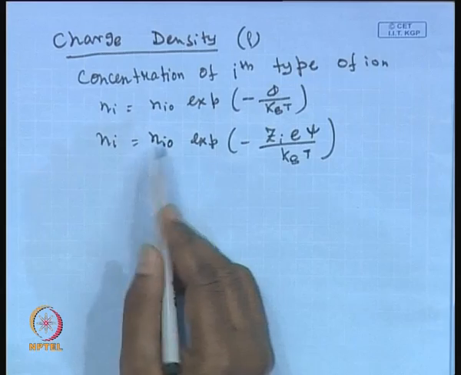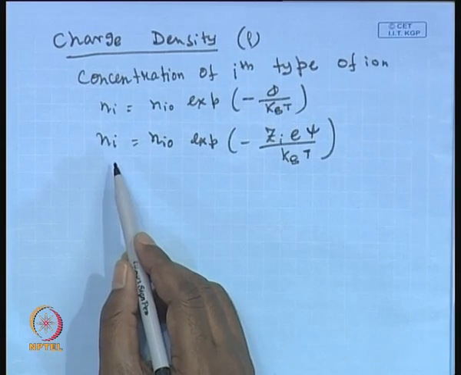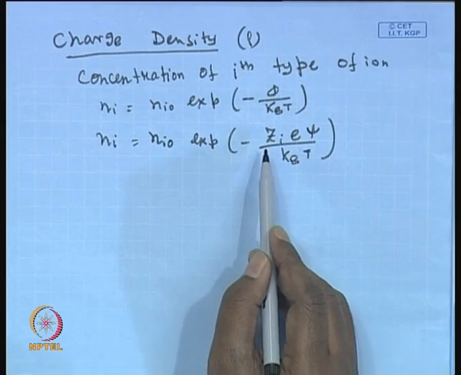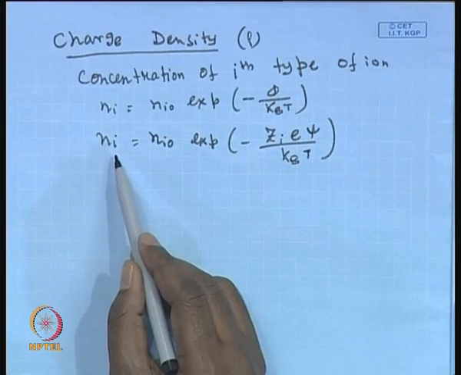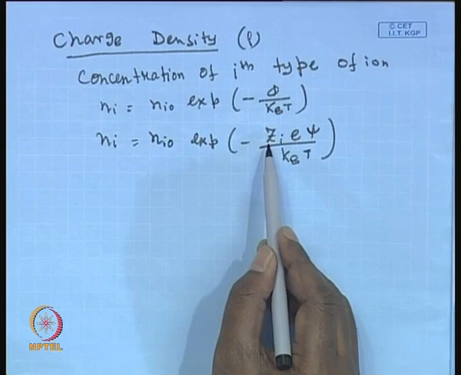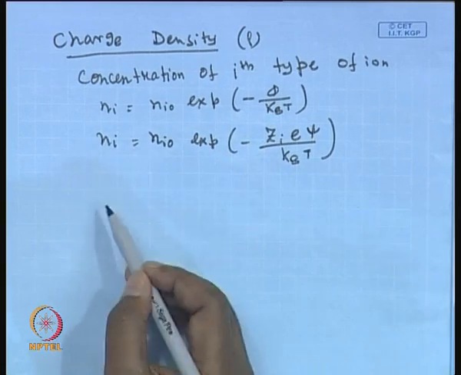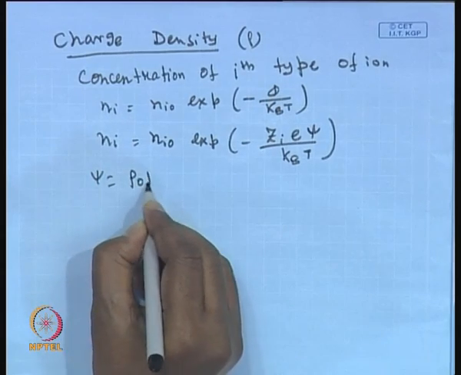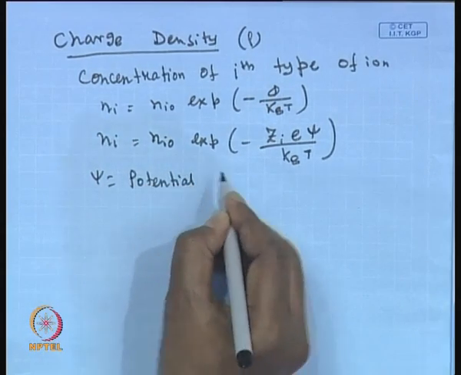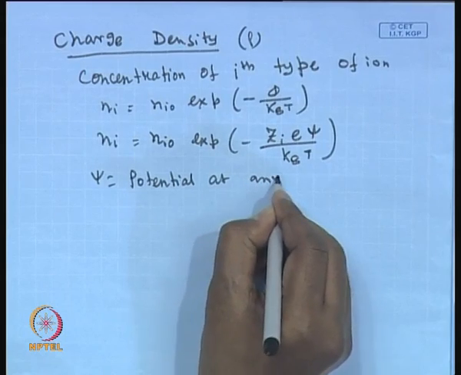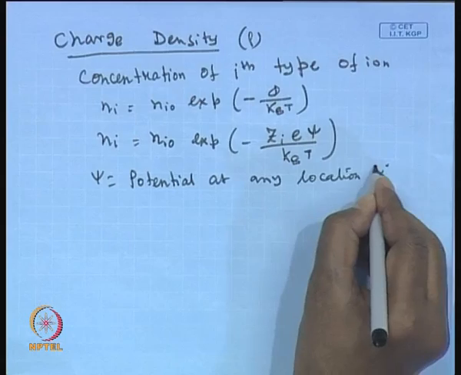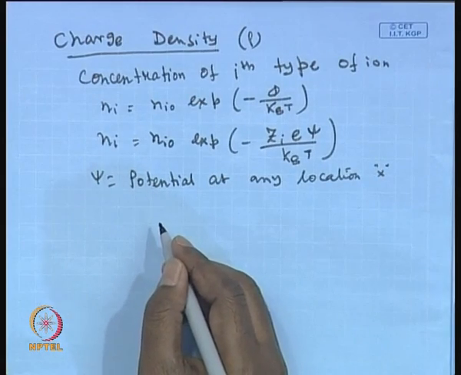Okay. So, if we are talking about the chloride ion concentration, then Zi will be minus 1. If you are talking about the sodium, then Zi will be plus 1. And psi is the potential at any location x.